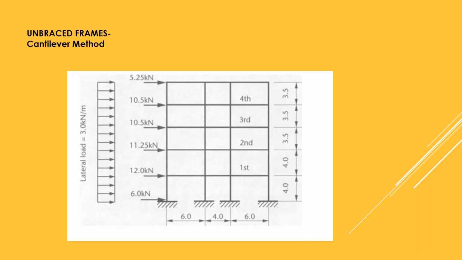In the case of unbraced frames, we know that they have to resist lateral loads also. To analyze this manually, there is a method called the cantilever method. Using that, we can analyze this 2D frame for lateral loads.